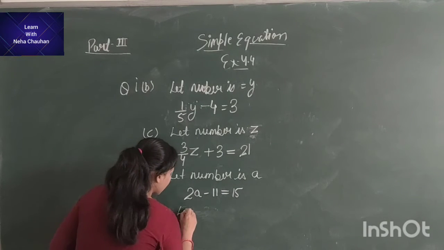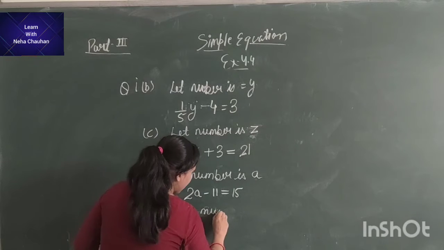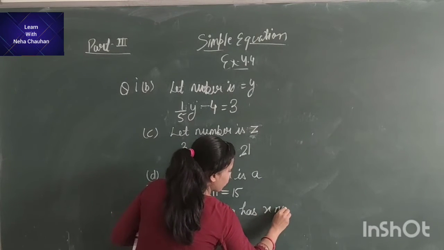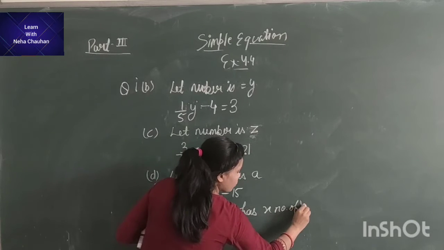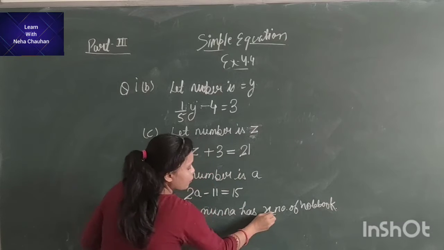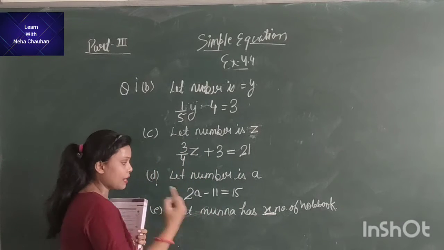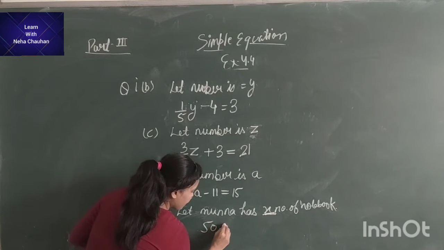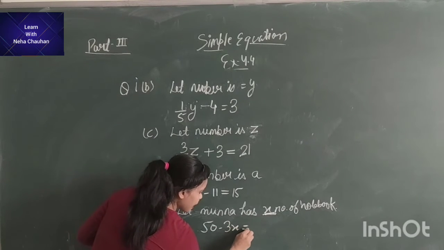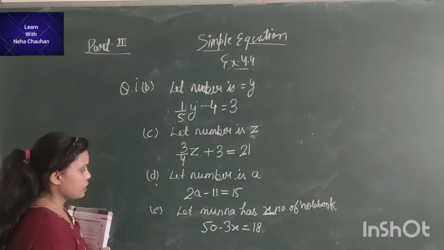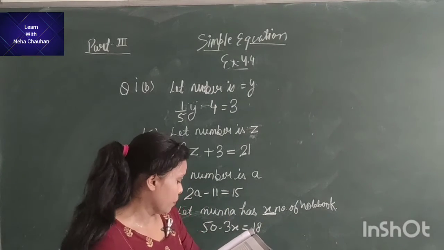Let Munna have x notebooks. He subtracted thrice of it from 50. So 50 minus thrice of x gets 8. This is the equation for the question.